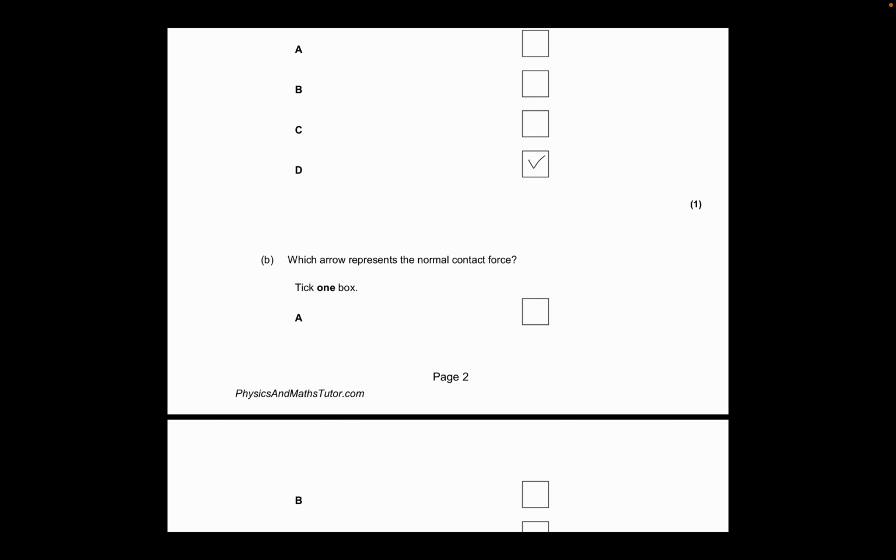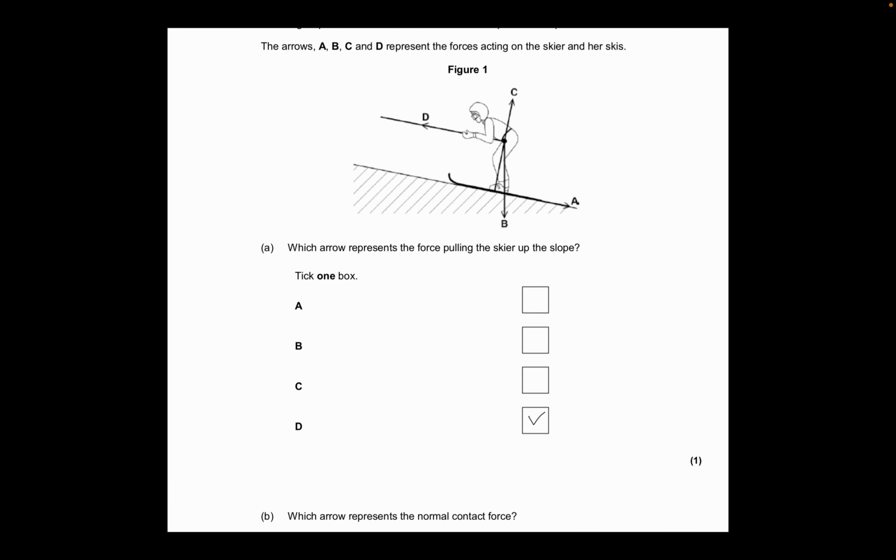Which arrow represents the normal contact force? Now what we have to understand is that the normal contact force, in terms of definitions, is the force that is the opposite acting force. If an object is at rest on a surface, it exerts a force on the surface, and the reaction force acts at right angles to the surface.